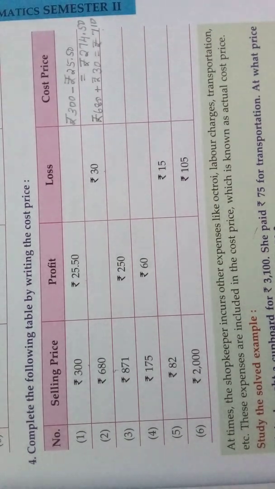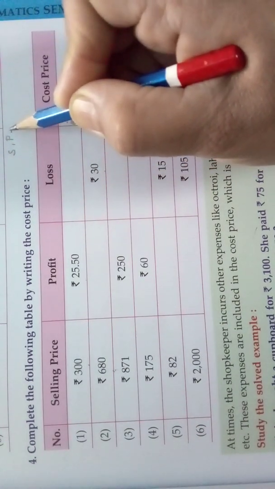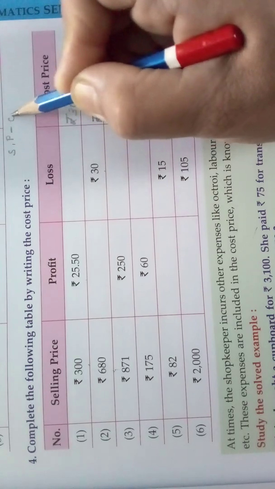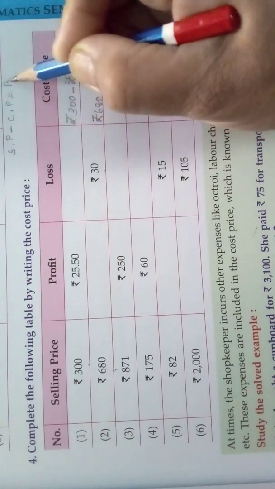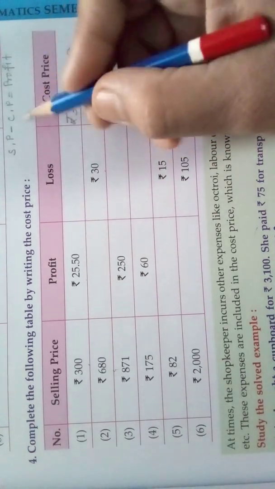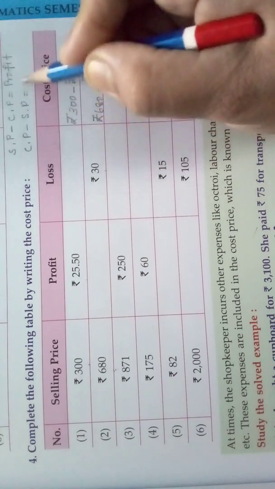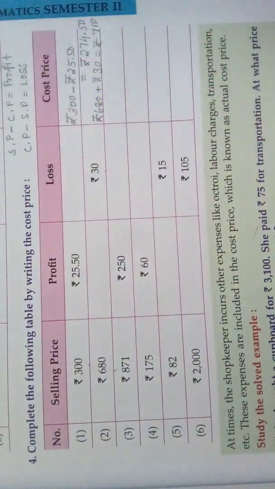Otherwise, use the formulas. See here, selling price minus cost price is equal to the profit. And cost price minus selling price is equal to loss. So, you can use this formula also.